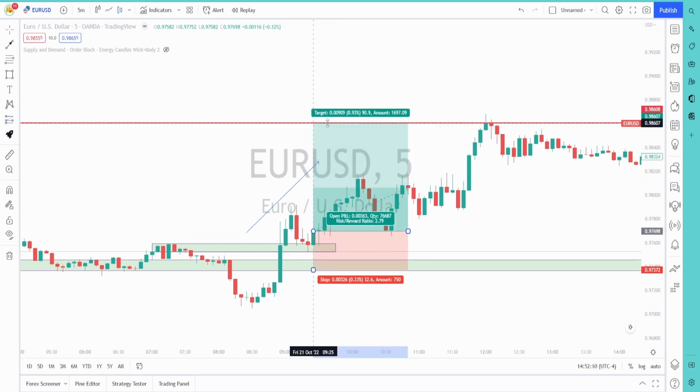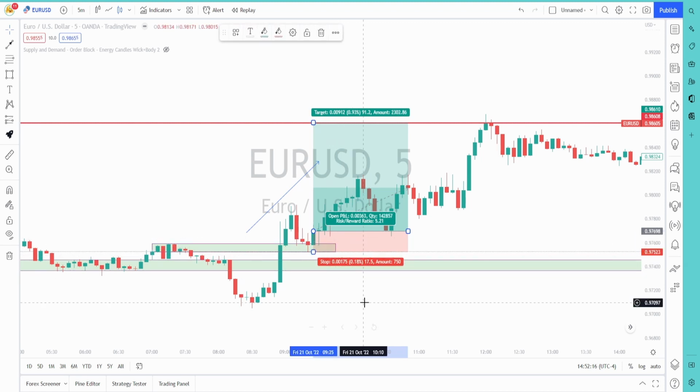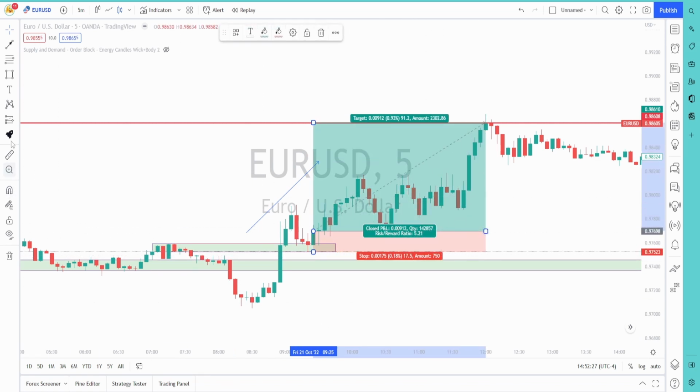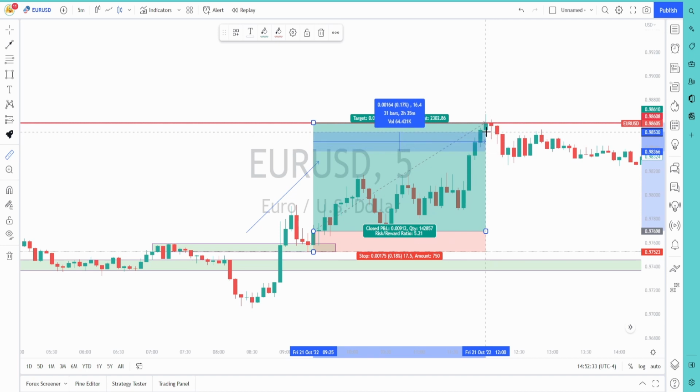You target the high, your stop loss just below, and you can see the risk to reward was 5.21. And this trade took 2 hours and 35 minutes to play out.